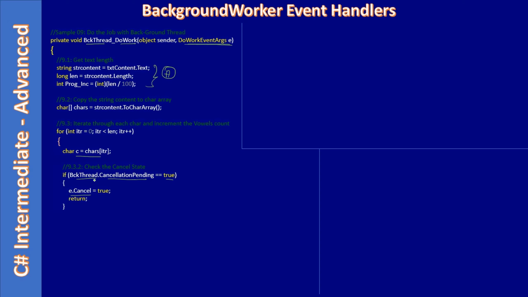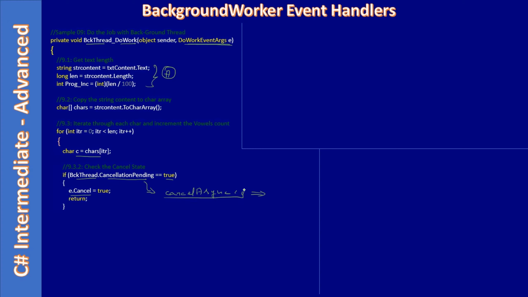So this CancellationPending equal to true, right? This will be set when we make a specific call. On the background worker we have to make a call to CancelAsync.